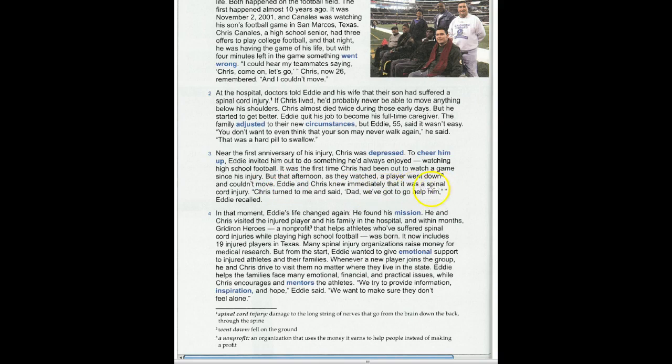And it sounds like somebody has a spinal cord injury, right? And he says, "Dad, we've got to go help him." So we're not reading every word. We're only reading 1, 2, 3, 4, 5, 6, 7, 8 words. But we know the basic story. Okay, that's what skimming is.